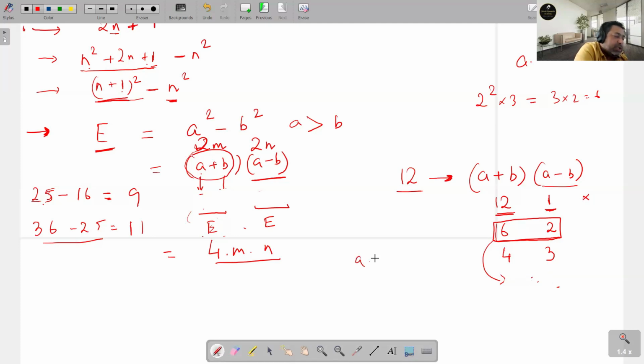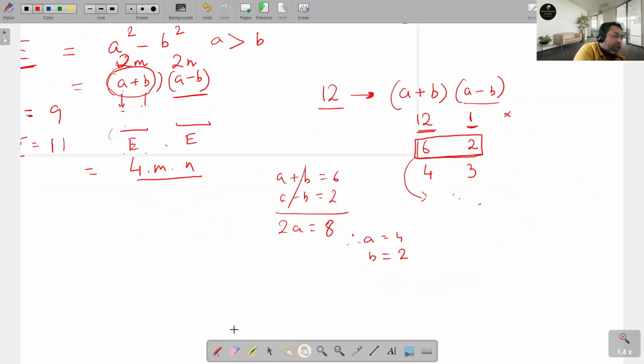So a plus b is 6 and a minus b is 2. If you add it up, you get 2a as 8, and therefore a is 4. And therefore b is going to be 2. So a square minus b square is 4 square minus 2 square, which is 16 minus 4, equal to 12.